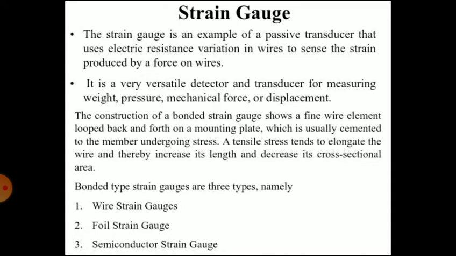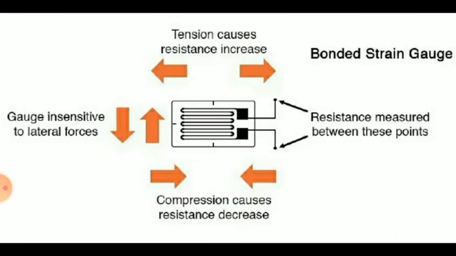So bonded type strain gauges are of three types: wire strain gauges, foil strain gauges, and semiconductor strain gauges. You can see the diagram of bonded strain gauges.